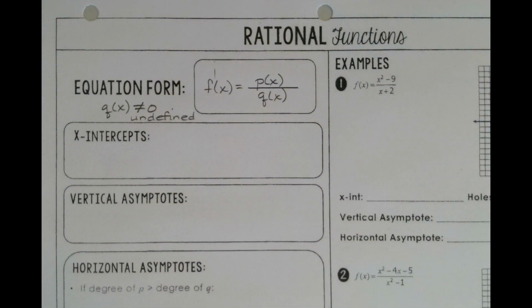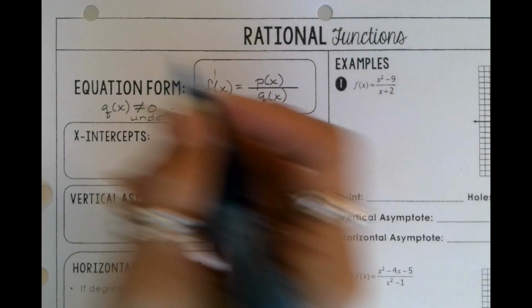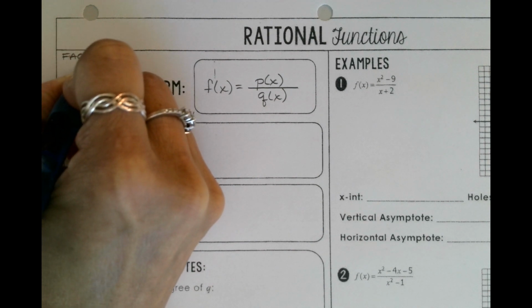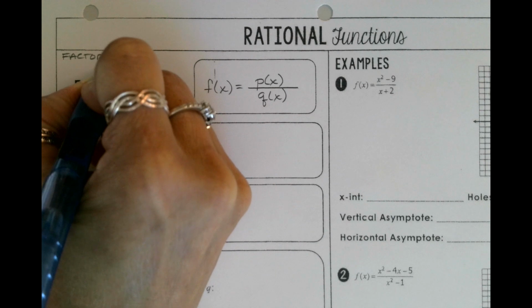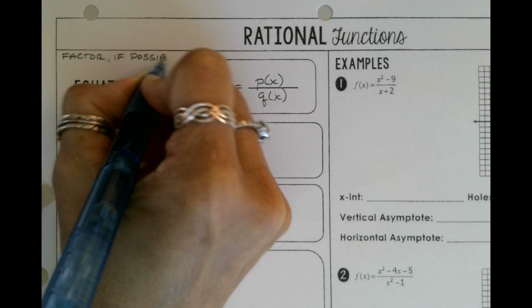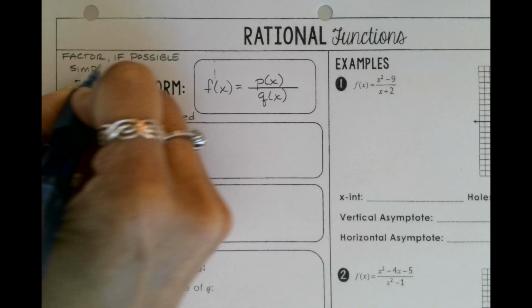First of all, when given an equation in the form of p of x over q of x, the first thing I want you to do is to completely factor the problem, okay? So factor, if at all possible, the entire rational, and then simplify where needed, okay?